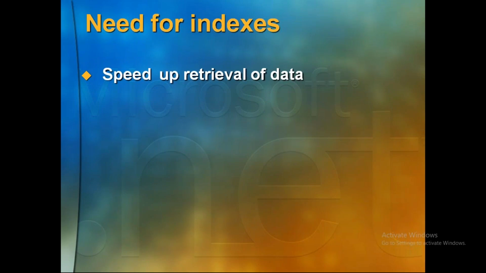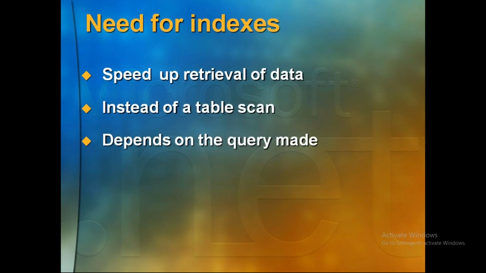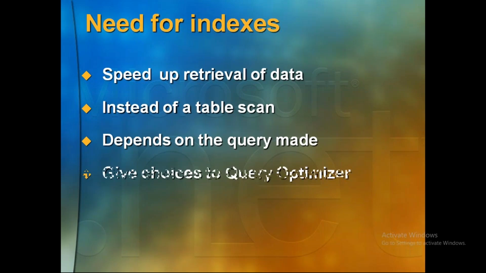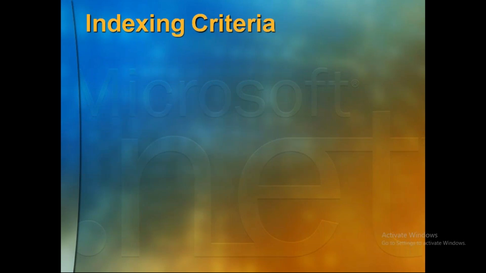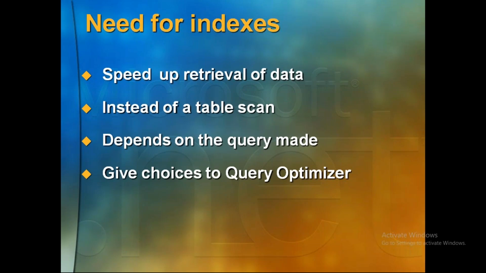Indexes are needed to speed up retrieval of data instead of table scanning, and whether they are used depends on the query made. How you write the query determines whether it is going to use the index. It gives choices to the query optimizer. Query optimizer means we're talking about SQL Server: how should I execute the query?